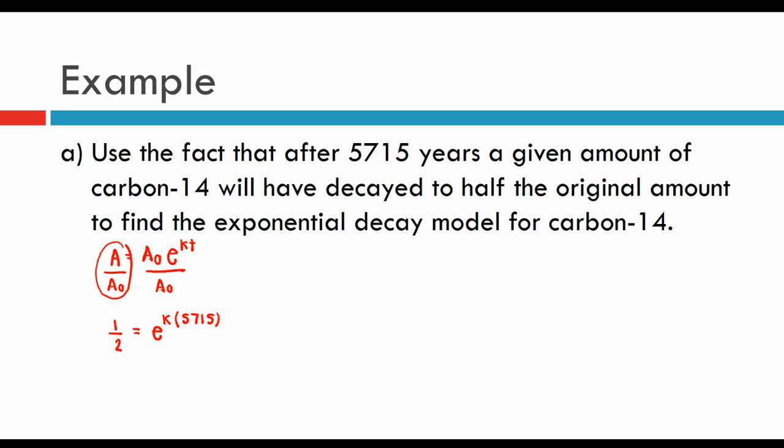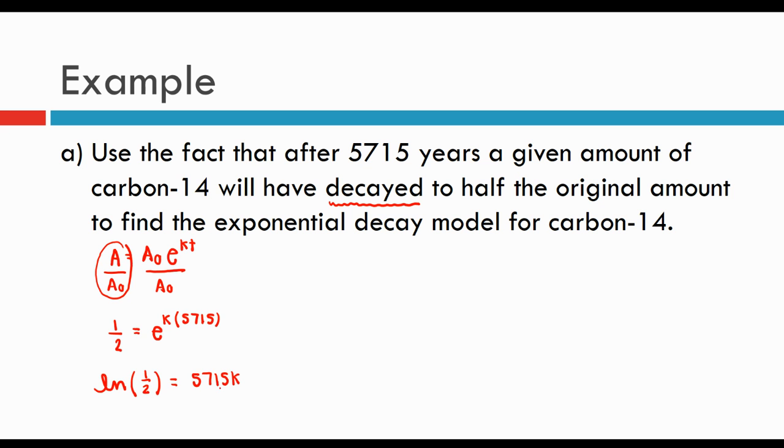Remember, because we're now talking decay, in all of our other problems our k value was a positive number. Granted, it was a very small positive number, but positive because we were growing. Here, because we're decaying, we should end up with a k value that is negative. If you don't end up with a negative, you know you made a mistake somewhere. I'm going to take the natural log of both sides, and when I take the natural log of e, it just leaves me with that exponent.